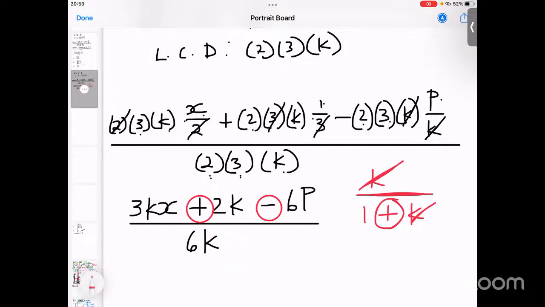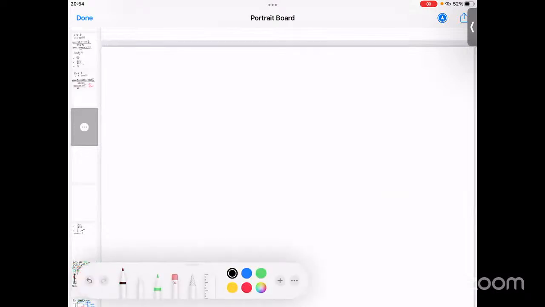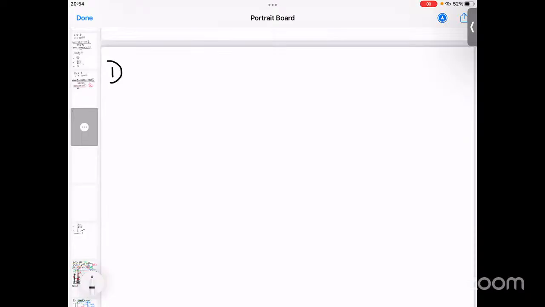Since today has been about fractions, maybe for the remaining time, about 6 minutes, let me squeeze in some fractional equations, or equations in the form of fractions.